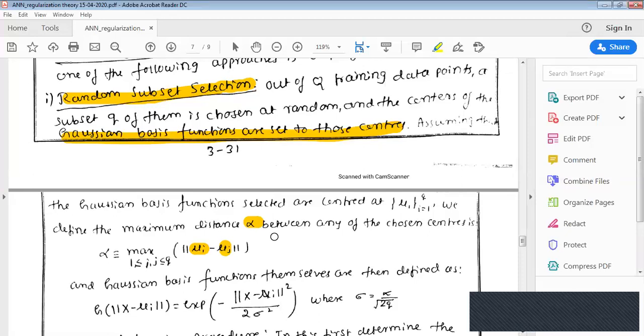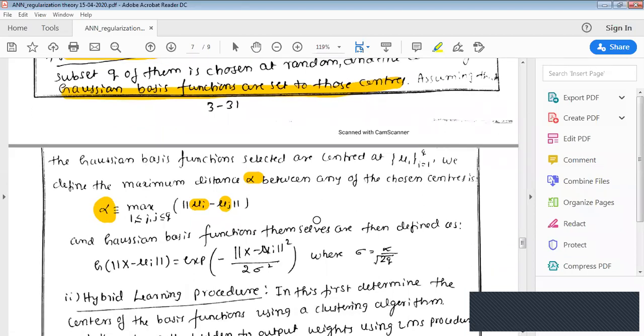So in a cluster, alpha is the maximum distance between the center value and the other values. If there are 10 values, one of them will act as the center, means the first with the seventh, the second with the seventh, the third with the seventh, and like this it is done. Which one gives you the maximum value, that acts as the maximum distance alpha.